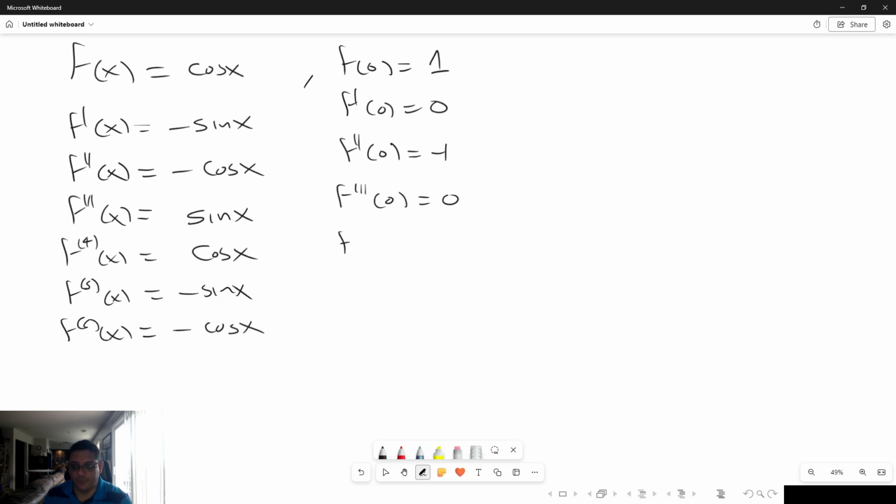Now the fourth derivative is going to be 1 again. The fifth is going to be 0. And the sixth is going to be minus 1.